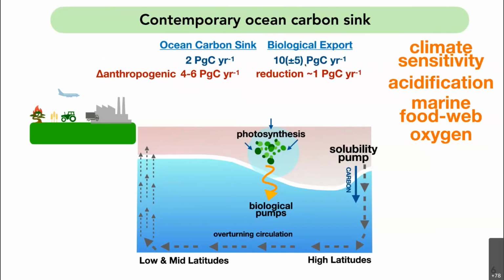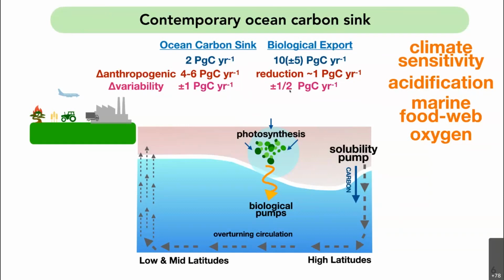However, there's been growing appreciation for the influence of variability on the interannual to decadal timescale. For the ocean carbon sink, natural variability is documented to be about a petagram per year or more for the global ocean, and for biological transport of carbon, half a petagram carbon per year.